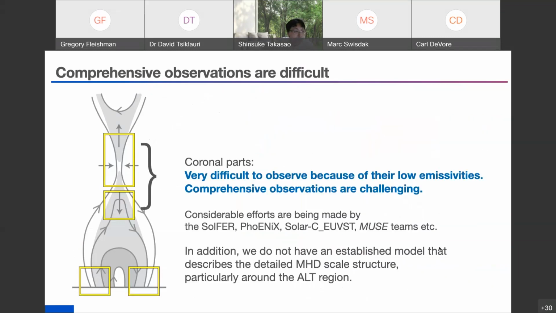The main reason is that comprehensive observations of solar flares are very difficult. The corona parts are very difficult to observe because of their low emissivities, which makes it difficult for us to identify the crucial mechanisms of electron acceleration and trap.